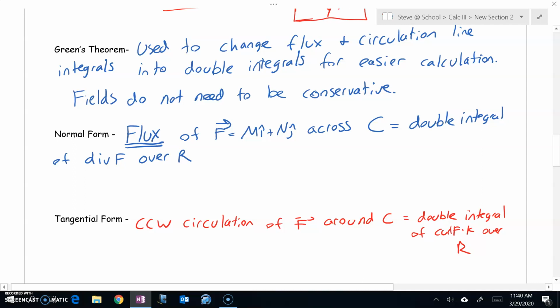So the flux of a field across C is equal to the double integral of the divergence over the region, the area. So what that looks like in terms of the integral itself: this was the original flux integral.